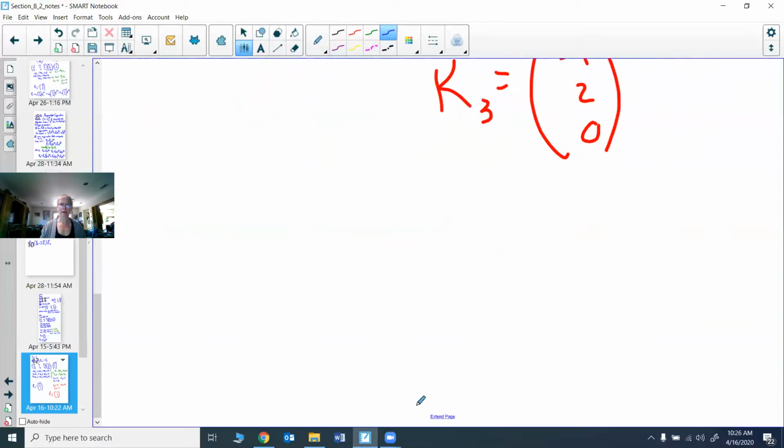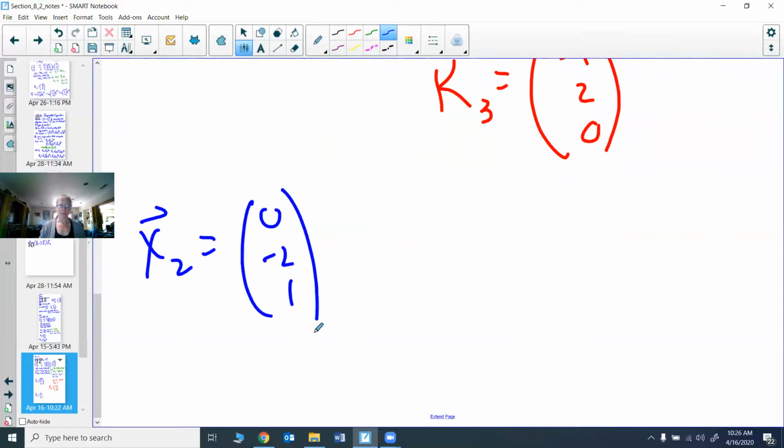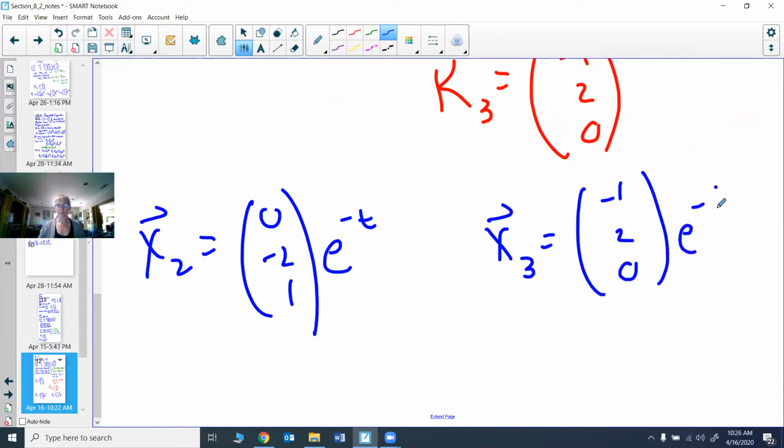And now I can actually say, well, my X2 is actually equal to 0, -2, 1 times e to the -t. And I can say that X3 is -1, 2, 0 e to the -t. So I actually get 3 x's that are linearly independent because these eigenvectors are linearly independent.